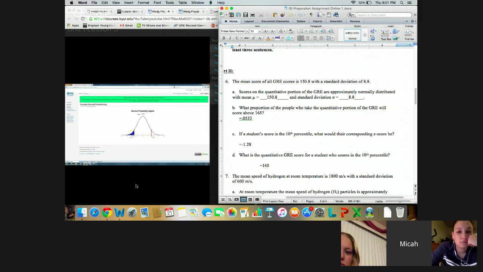So we only need this very bottom one. We're going to be typing in the area that we're looking for, that 0.10, which represents the 10%. So this group right here are the lowest 10%, or the 10th percentile.